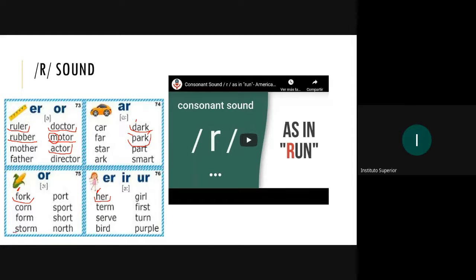And here. Remember this sound? What is the production of this sound? Be careful. Remember how this sound is produced. Produce this one.